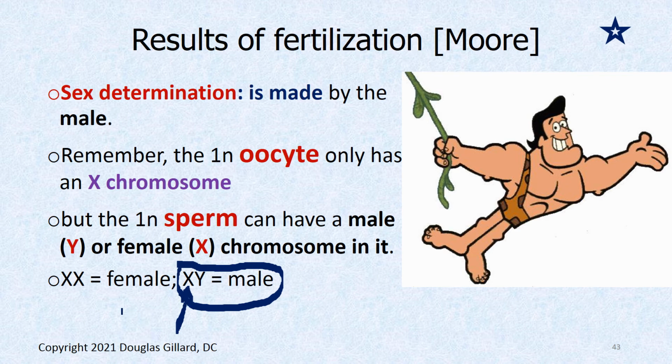If its sex chromosome is X, you're going to have a female offspring. If the sperm is a Y, you're going to have a male, which is an XY on the sex chromosome.